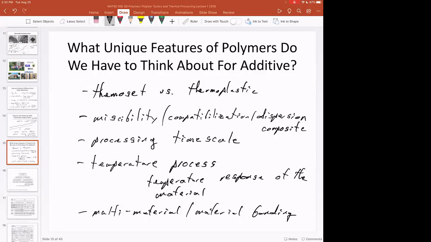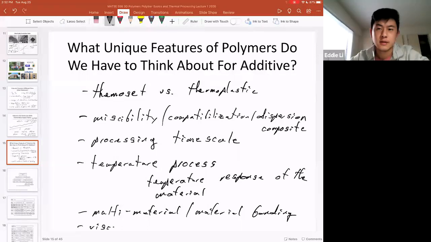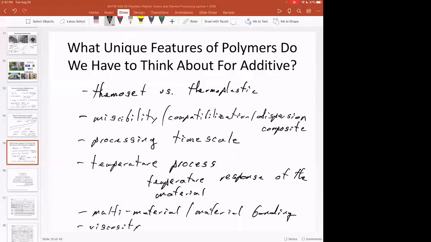Anything else? That's a good one. Viscosity. Yep. The viscosity comes back because that's always important, just like temperature and processing time scale.